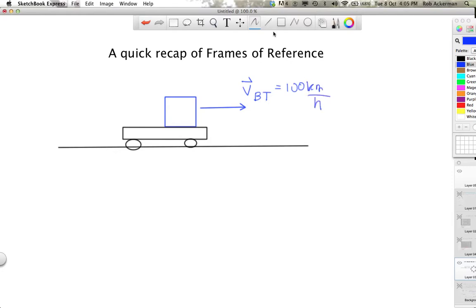Of course, the truck itself was moving forward with a velocity also of 100 kilometers per hour, but this was the velocity of the truck relative to Earth. So let's put that in there, 100 kilometers per hour.